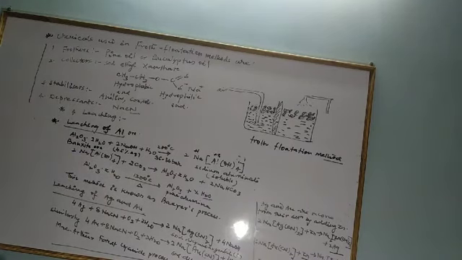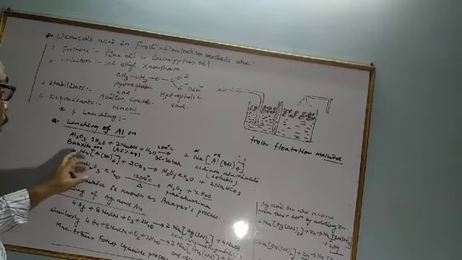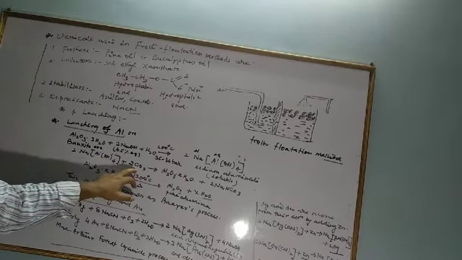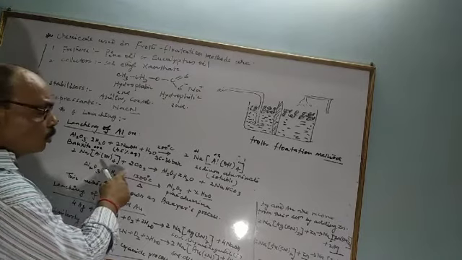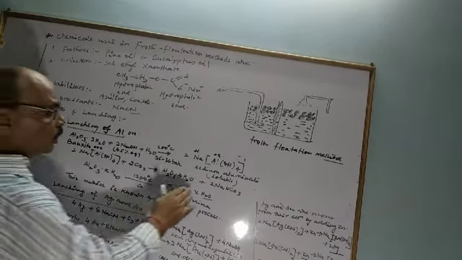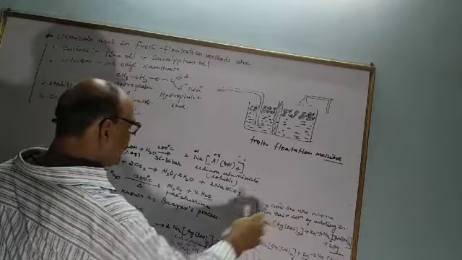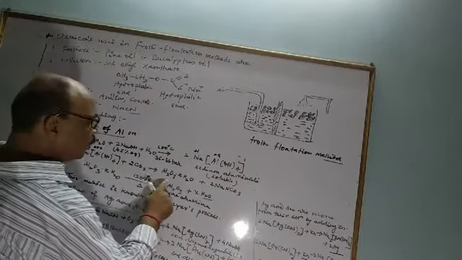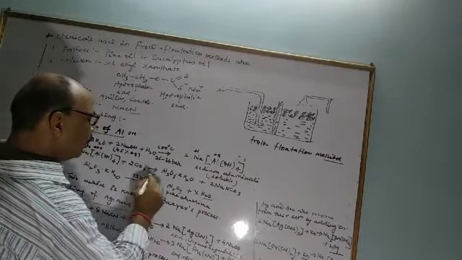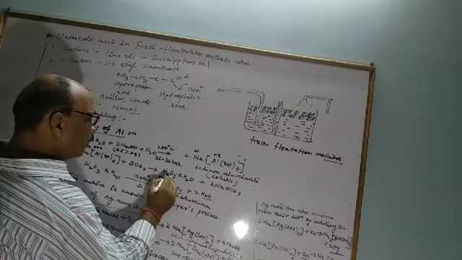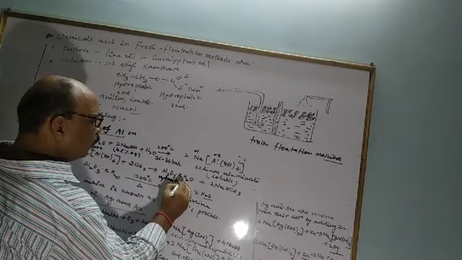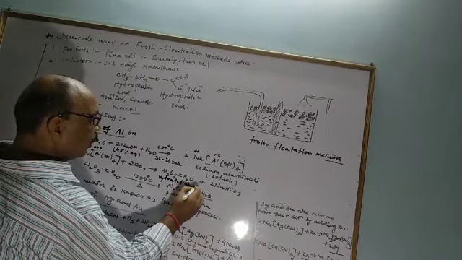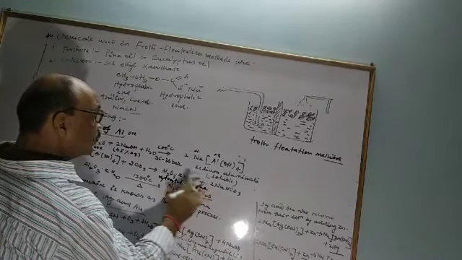So what will happen? That CO2 will convert the sodium hydroxide or sodium silicates into sodium bicarbonate, and hydrated alumina is formed, which is in solution.